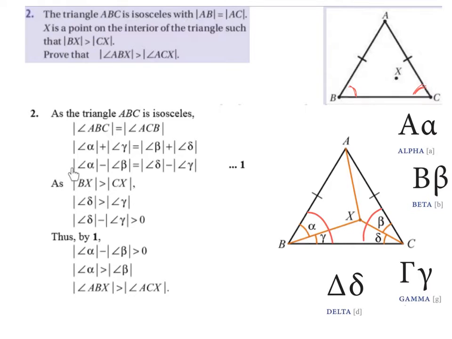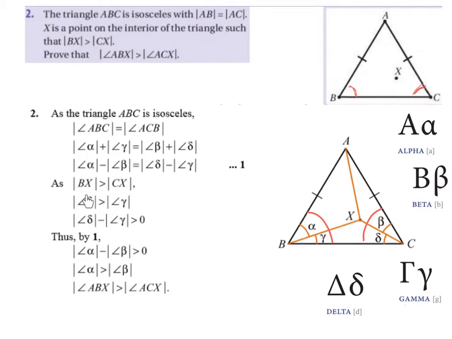As the length BX, from B to X, this length here, is greater than the length CX, from here to here, we're told that in the question. We're told that BX is greater than CX.